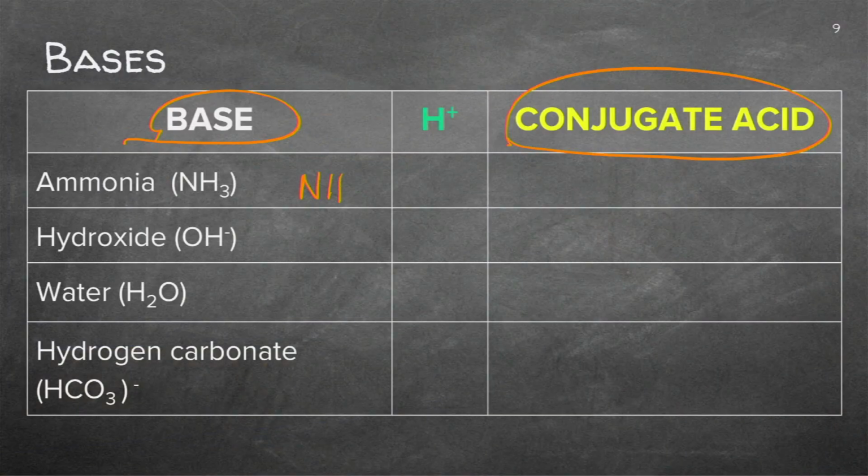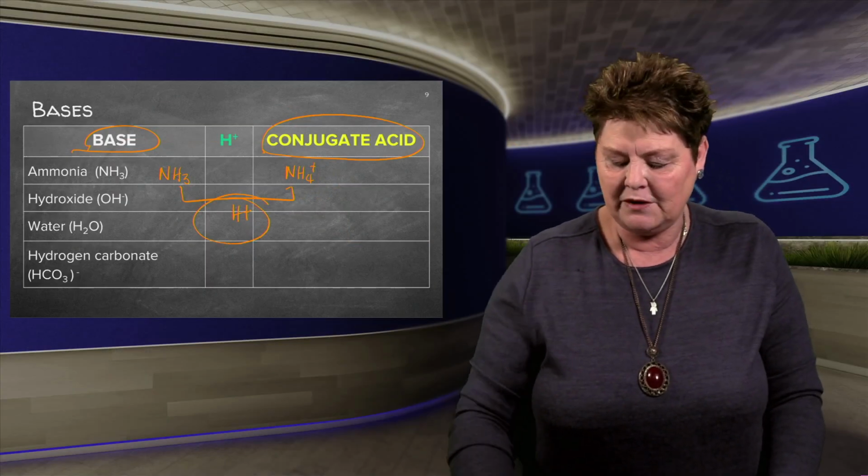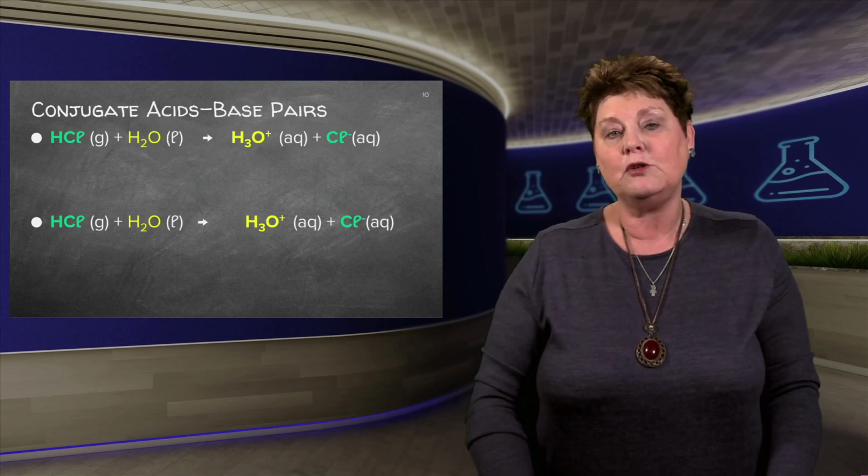If I wrote this down, what is the difference here between the pair? Can you see there? It's an H+. And you can check every conjugate pair. It's usually exactly the same difference, so you should be able to balance them.